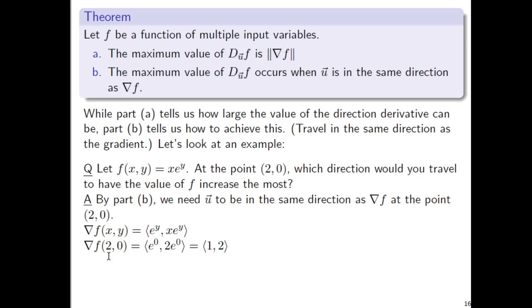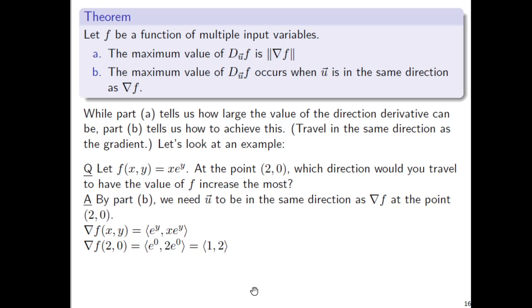So at the point 2, 0, the gradient is the vector 1 comma 2. Now we're standing at the point 2, 0 in the xy plane, and we want the value of the directional derivative to increase as much as possible. That means we should travel in the direction 1 comma 2. That is, we should travel somewhat east, but more north than east.